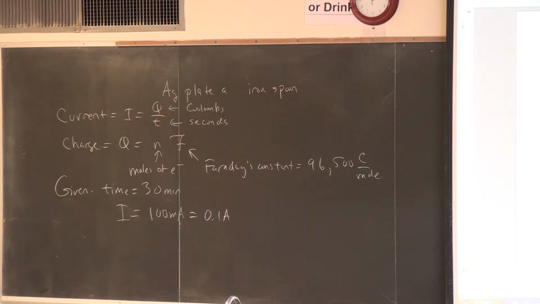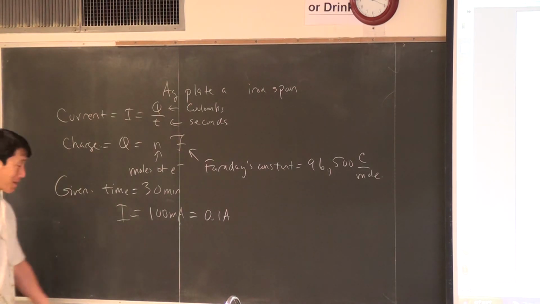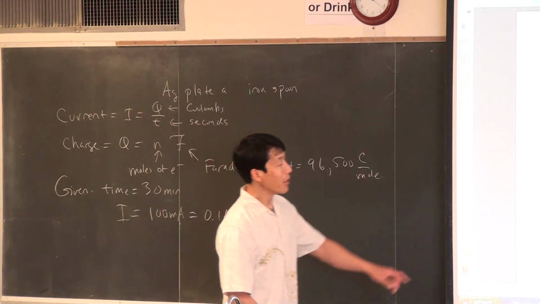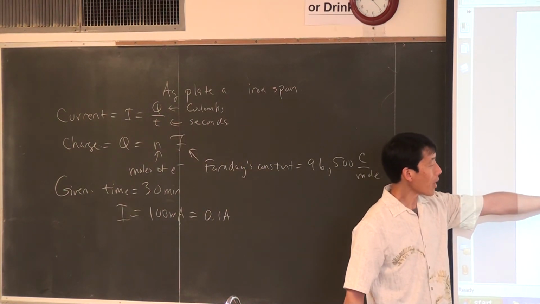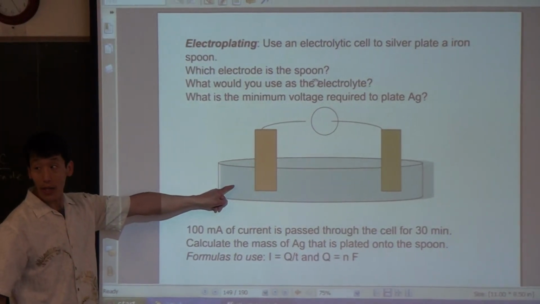We want to know the mass of silver. So how do we go from moles of electrons to mass of silver? Use molar mass of an electron. No, so you said that in the solution there's silver ion.